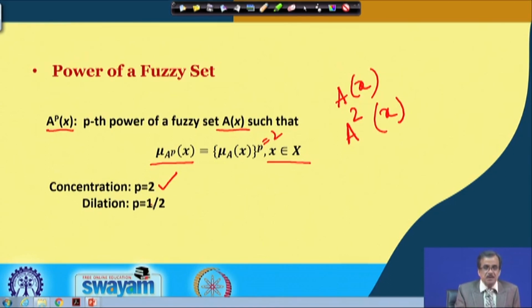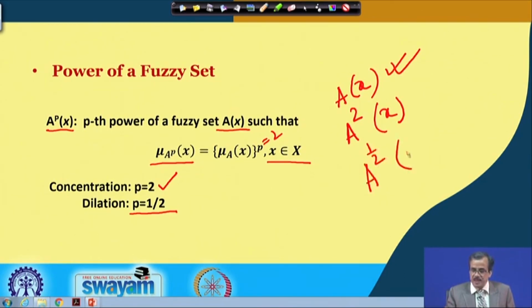On the other hand, if I set p equal to, say, half, that is called the dilation of a fuzzy set. So, for the fuzzy set A(x), if I ask you to find out the dilation of a fuzzy set, that is nothing but A raised to the power half, x. This is nothing but the dilation of a fuzzy set.